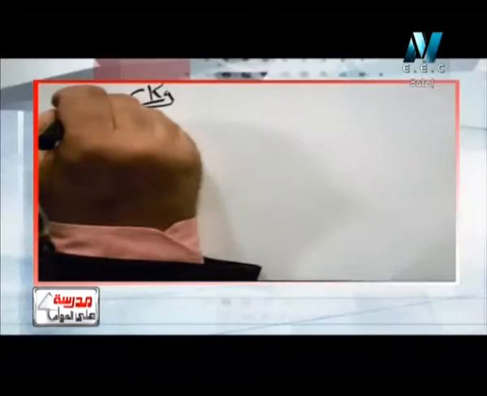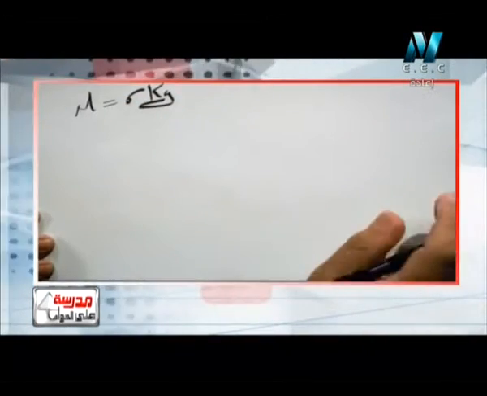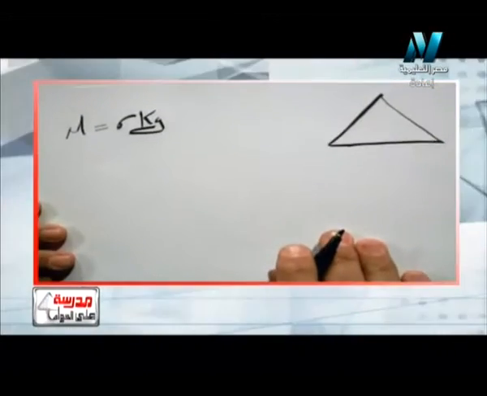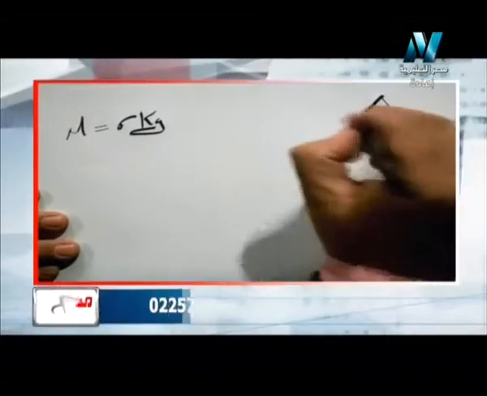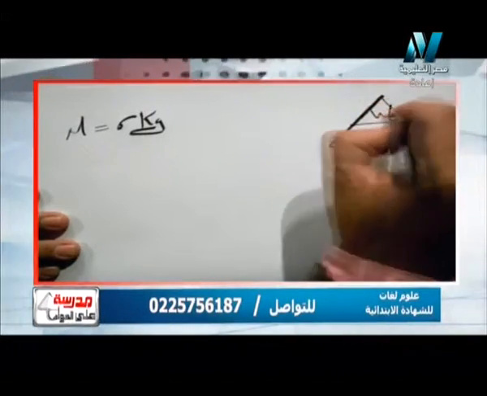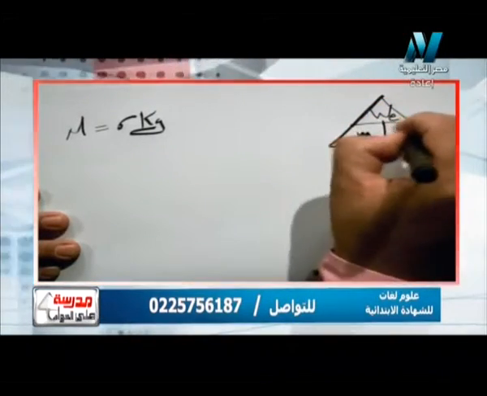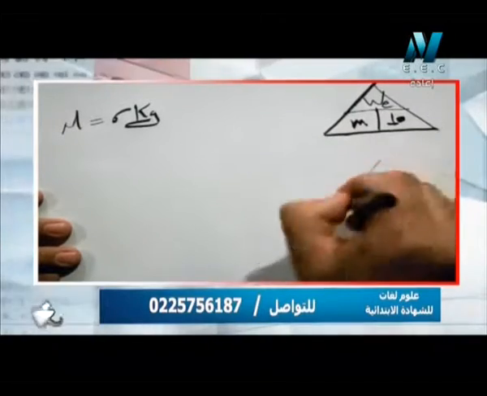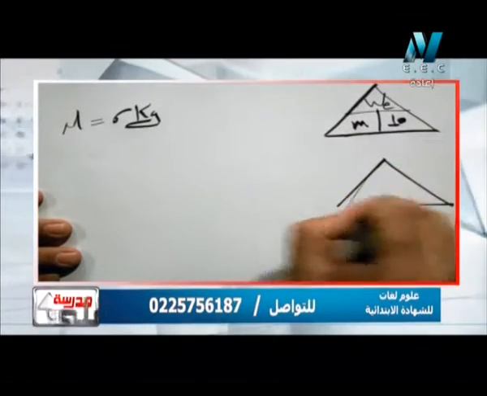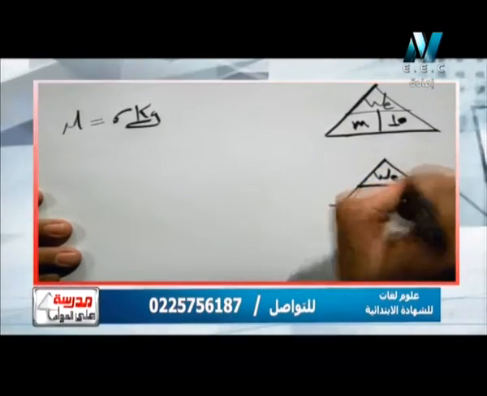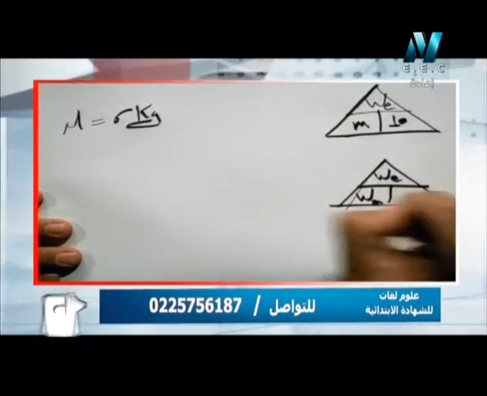I have two rules. The first rule deals with mass and weight: weight on the Earth equals mass times 10. The second rule deals with the weight on the Earth and the weight on the Moon: weight on the Moon equals weight on the Earth divided by 6.